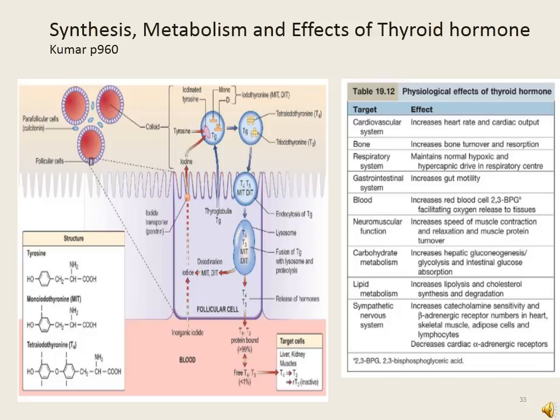Okay, if you look in detail at the figure on the left hand side, it shows that iodine in the blood will enter, and then there is the production of the T4 and T3 that will be released into the blood and go to the target cells like kidney, like muscle. And the table shows you various effects of the thyroid hormone. Okay.